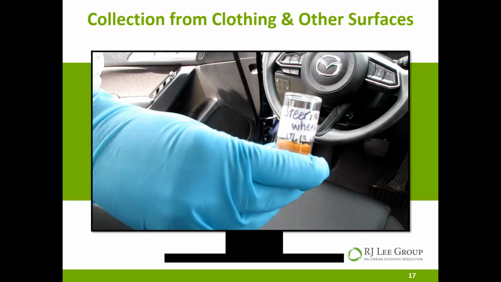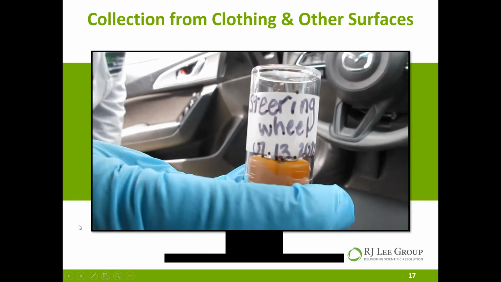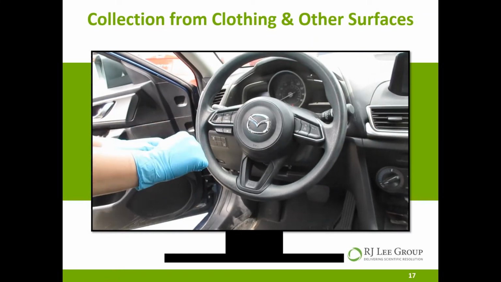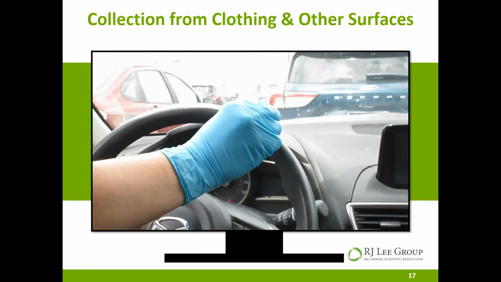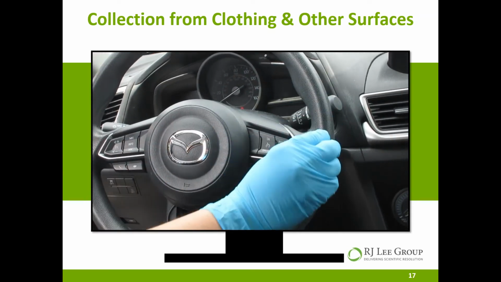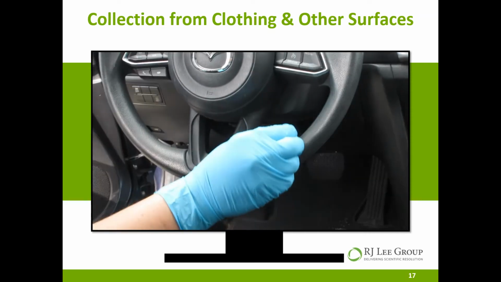Okay, so these samplers can also be used on other surfaces like a car. You're going to use the exact same collection technique on the car. For example, here's an example of collecting from a steering wheel. I decided to basically divide this steering wheel in half so I didn't lose my place.